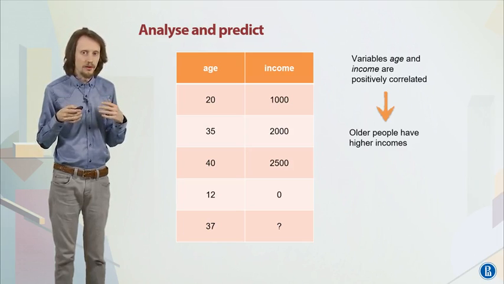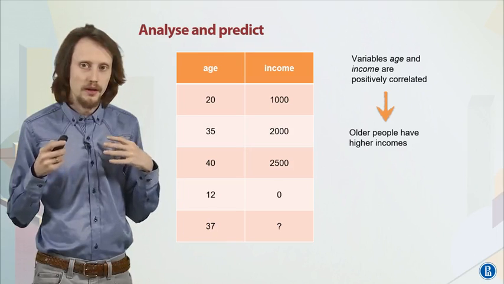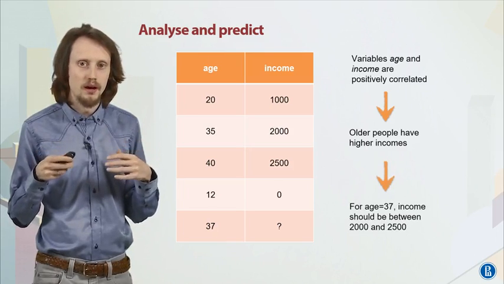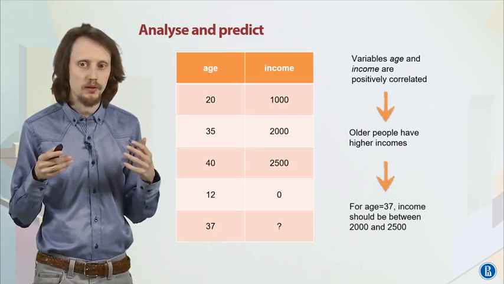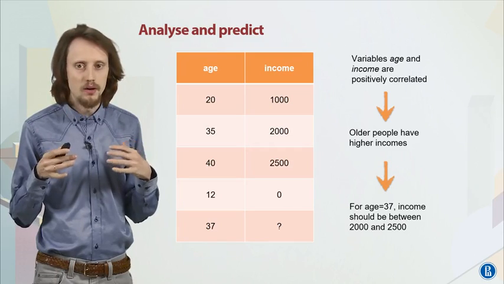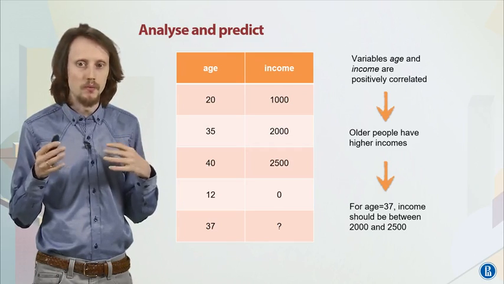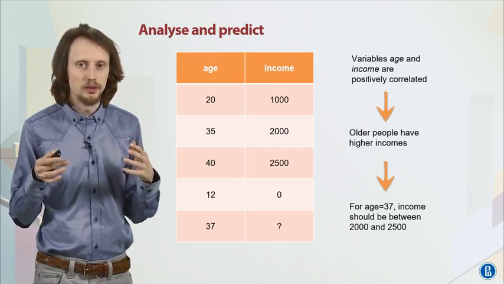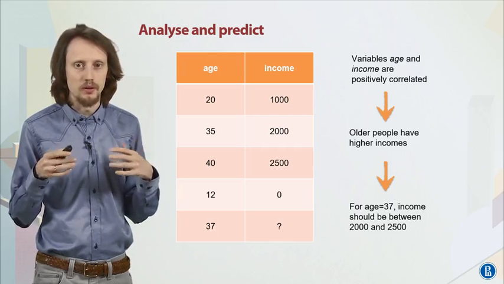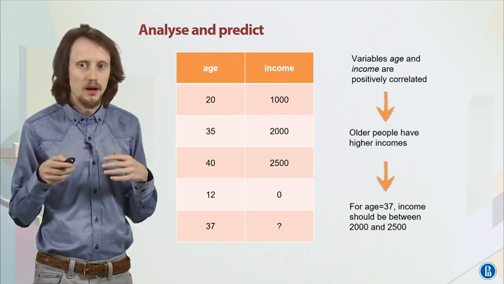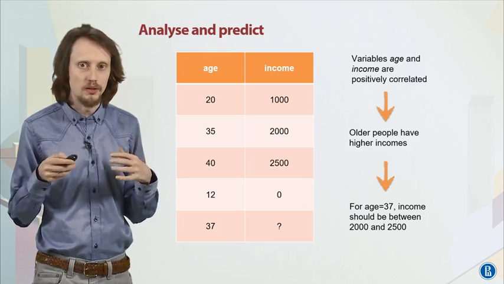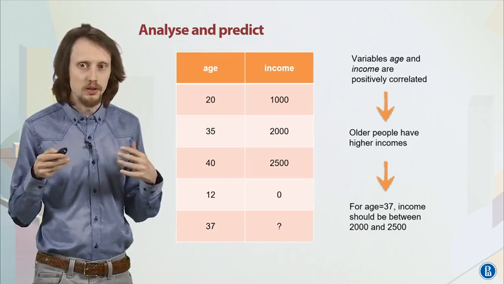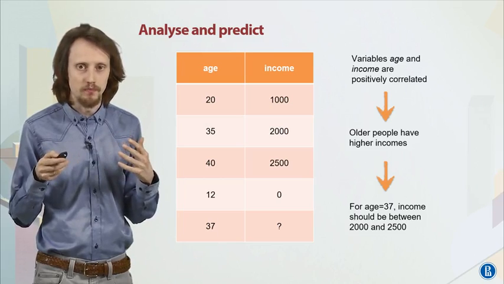Then we can use this information to make a prediction. And even without any mathematics, we can conclude that for age equal to 37, the income most probably will be somewhere in between 2,000 and 2,500. This is a prediction that is based on data, and it is based on the concept of correlation.